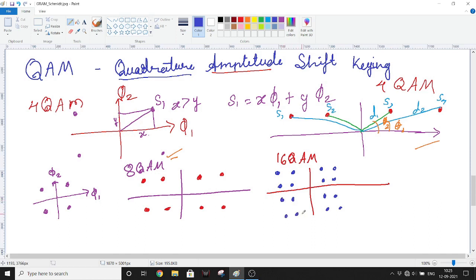But the only thing is, we need 16 symbols which have different amplitudes and phases.